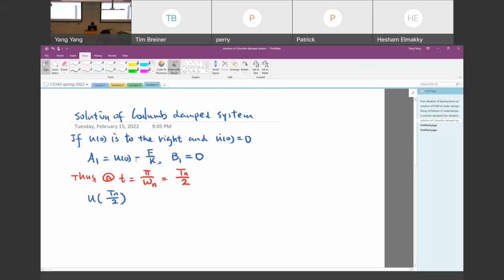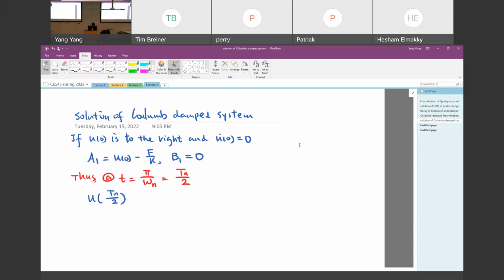So my question here is, if we know the initial displacement is to the right, and we can calculate A1 and B1, right? Then we should be able to find out the displacement at the end of the first half cycle.